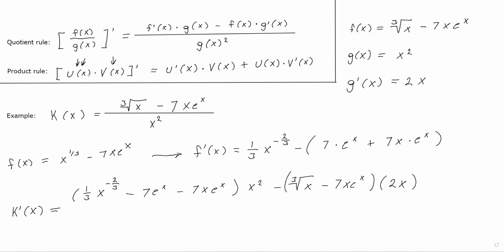So we take all of that, and all of that goes over, that is crooked, huh? Well, better at math than drawing, I guess. And we take all of that and we put it over g of x squared. So that's just x squared squared, which is just x to the 4th. So I'm going to just go ahead and write that as x to the 4th.